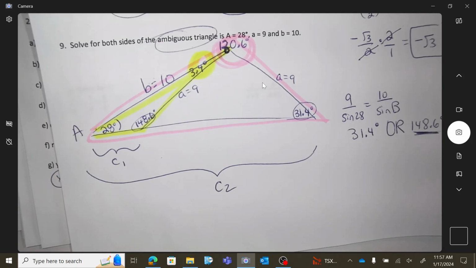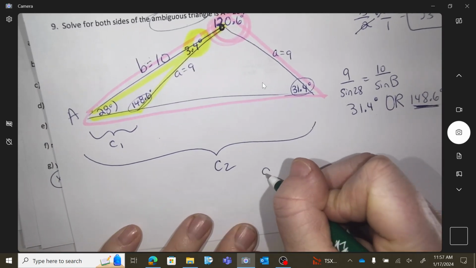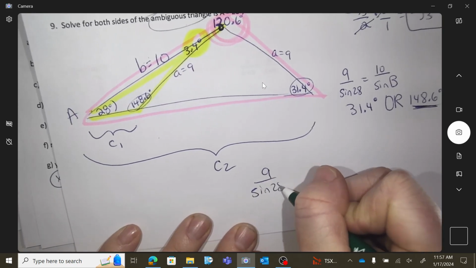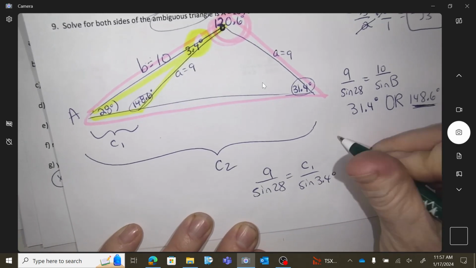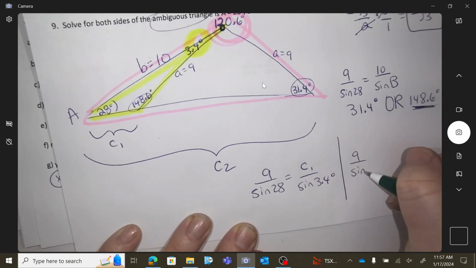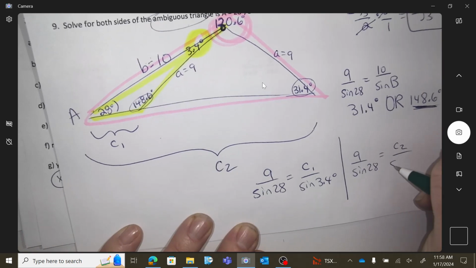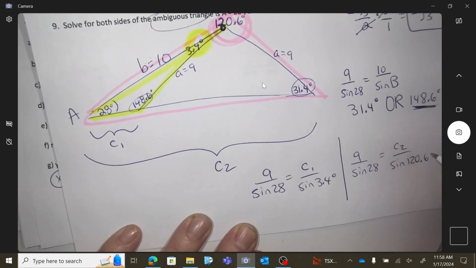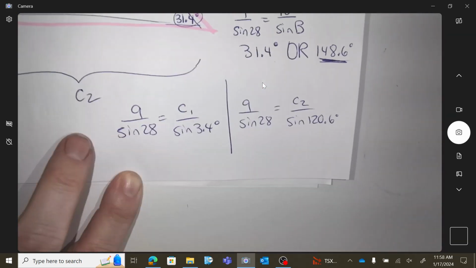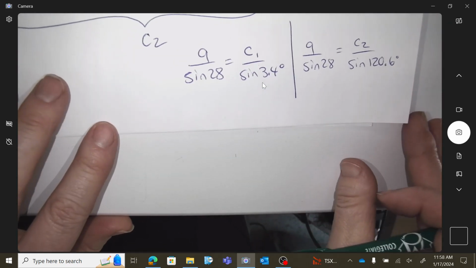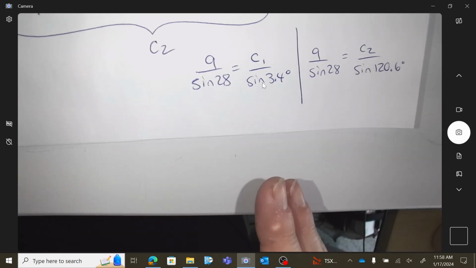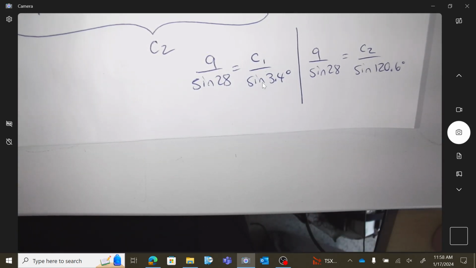Okay, now you go to the last sides. So your last step is to separate the triangles.